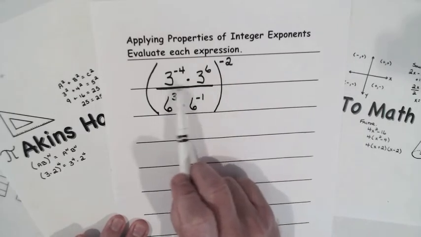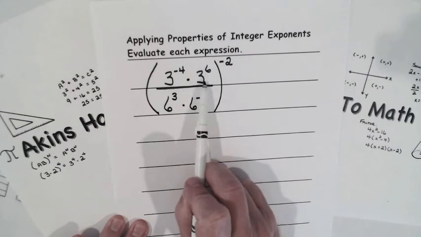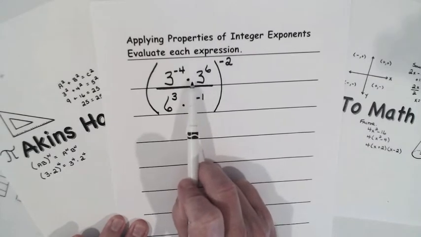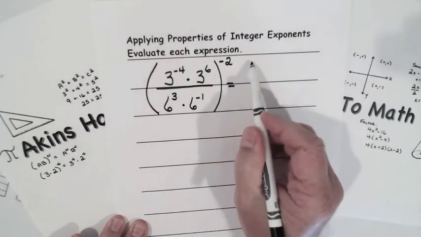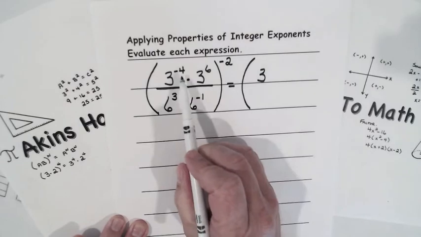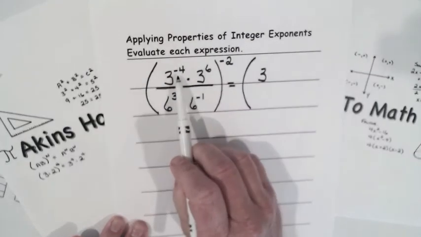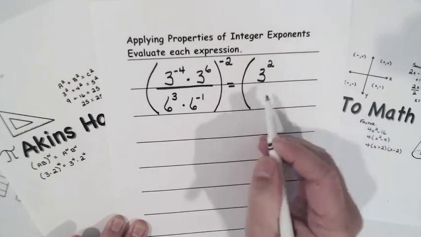Look at the top up here, the numerator. These have the exact same bases, so my property tells me that if I'm multiplying, I can add my exponents. So that's what I'm going to do. I'm going to keep that base of 3, and I'm going to add these exponents. A -4 and a +6 put together gives me +2.